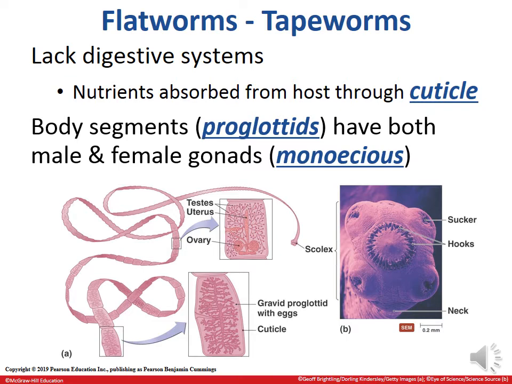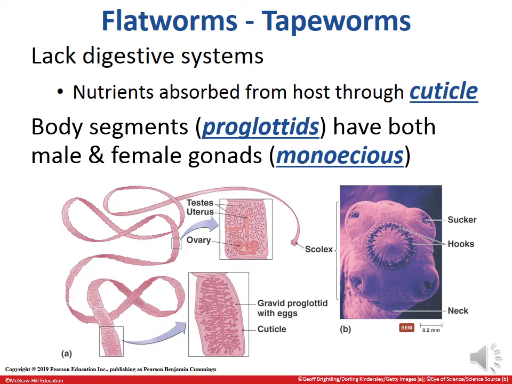If you could zoom in on one of those proglottids, what you would see is both a testis and a uterus, and ovaries. And so these can actually self-fertilize. They can cross-fertilize with other proglottids or other tapeworms that happen to be in the same host. So there's a lot of ways that they do this.